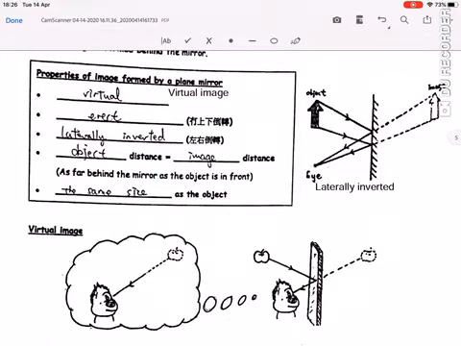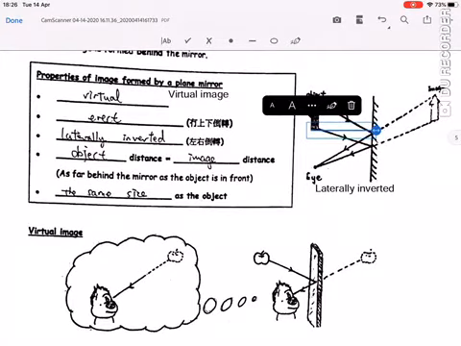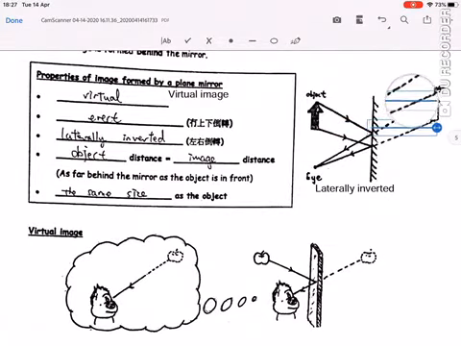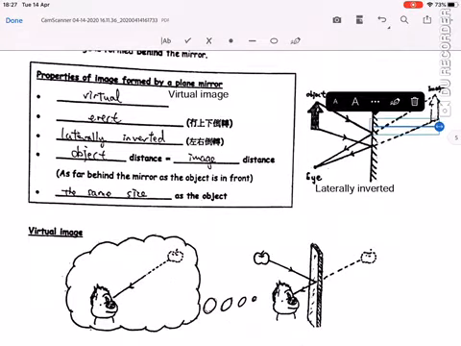And also, the object distance will be equal to the image distance. If we draw a line all the way from the object to the mirror line here, this line will be exactly the same distance as from the mirror to the image on the other side.